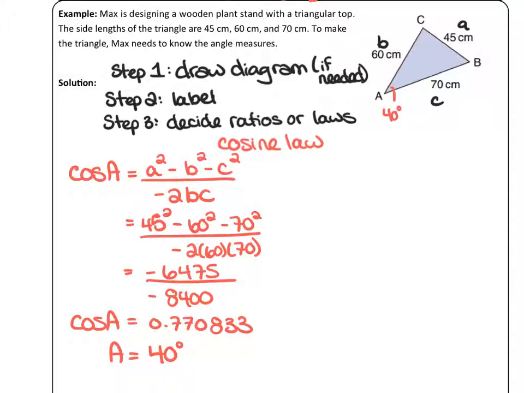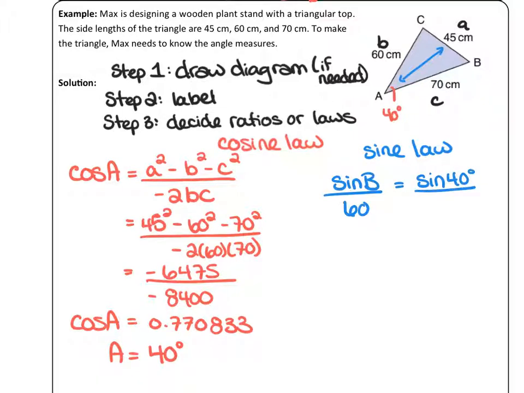That's 40 degrees. Now that we've done the cosine law, this is kind of the nice thing, we can switch it up, but we have an angle and an opposite side. So now if we wanted to, we could use the sine law. So I'm going to use the sine law to find the second angle, and I'm going to find angle B. So we'll set that up. Sine of B over b, which is 60, equals sine of A, which we know is 40, over 45.